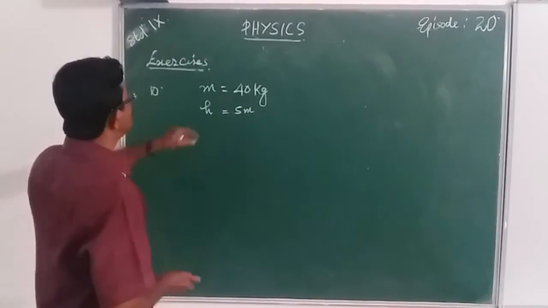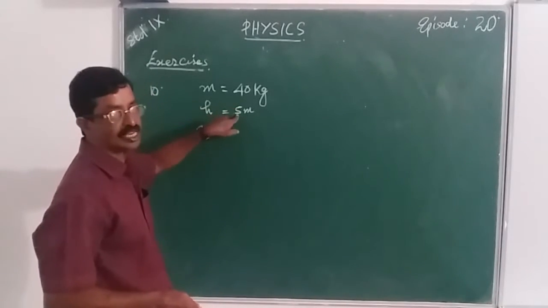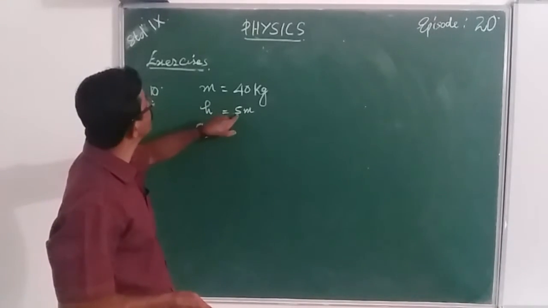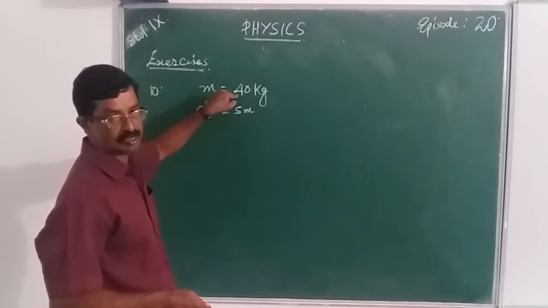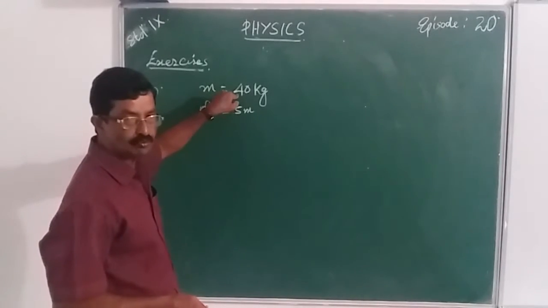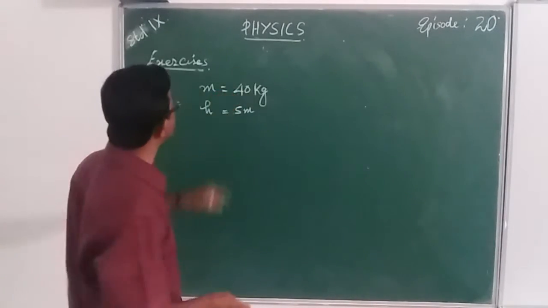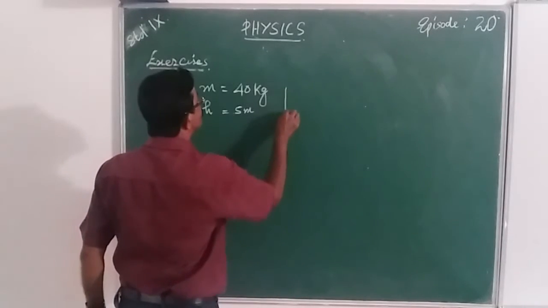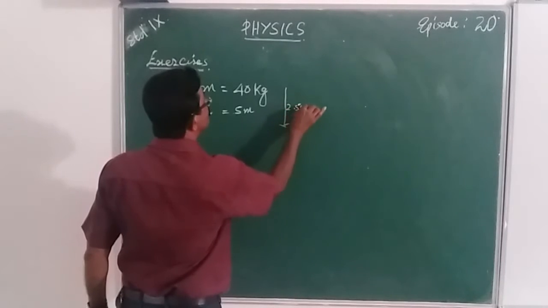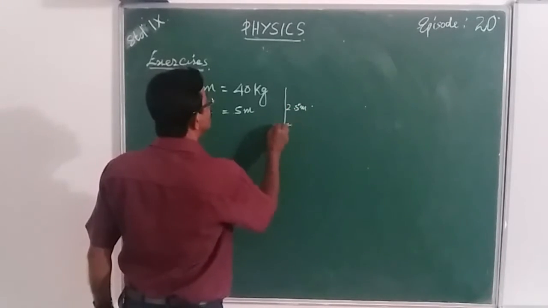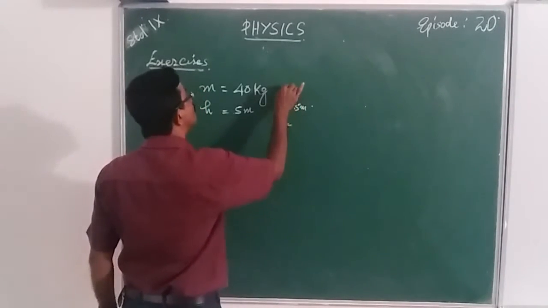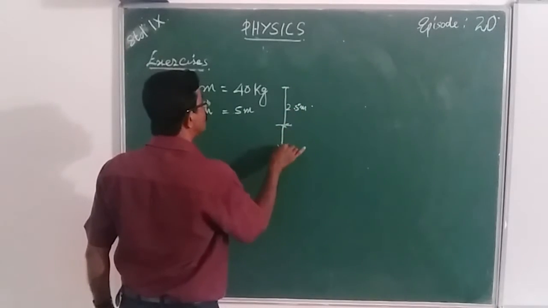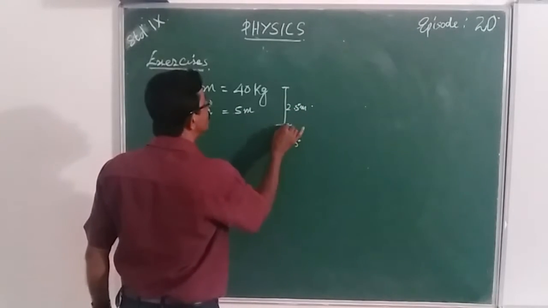That means we want to find out the potential energy at a height of 5 meter above the ground. And also we want to find out the kinetic energy when it falls from there to a height of 2.5 meter. That means 2.5 meter from the top or also 2.5 meter from the bottom.